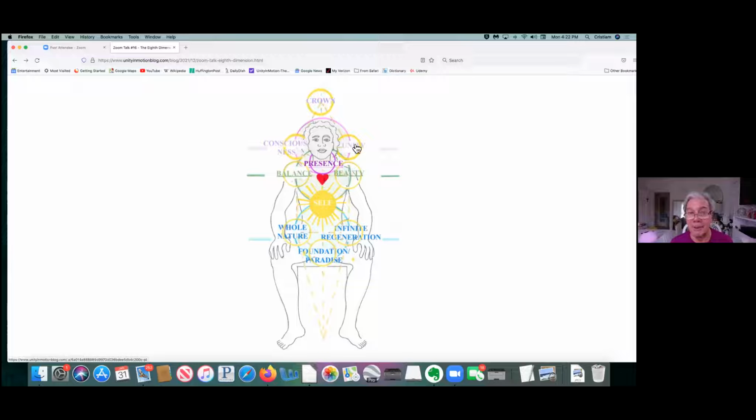And consciousness and unity correspond to self, right here. And then the same balance and beauty correspond to foundation. And then whole nature and infinite origination correspond to presence, which is the center of your throat, the center of your head. Are we good with that? So far, so good?